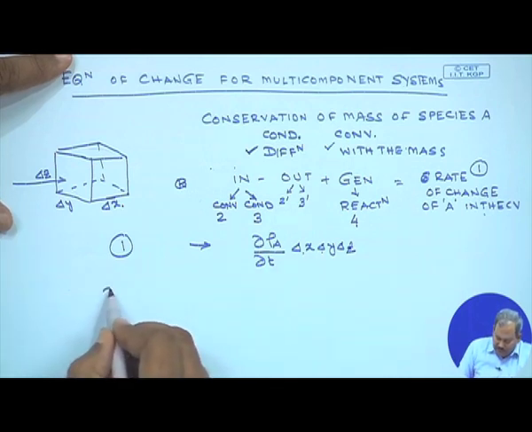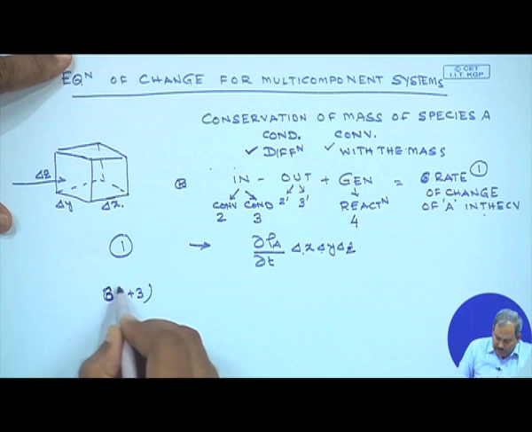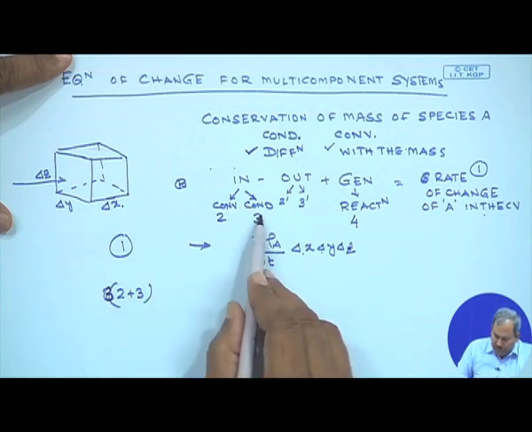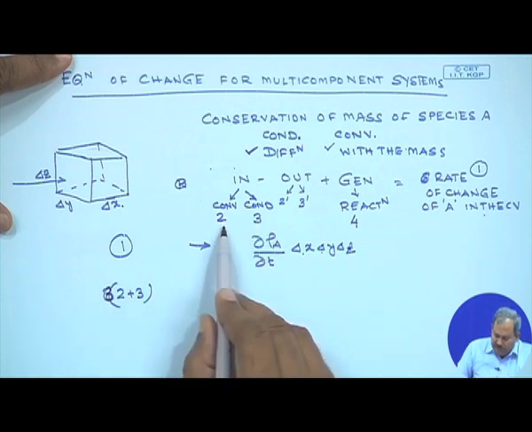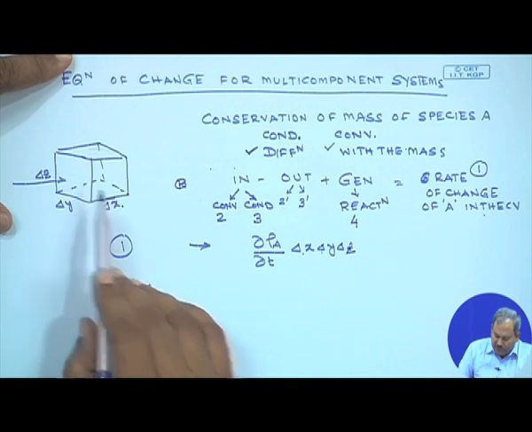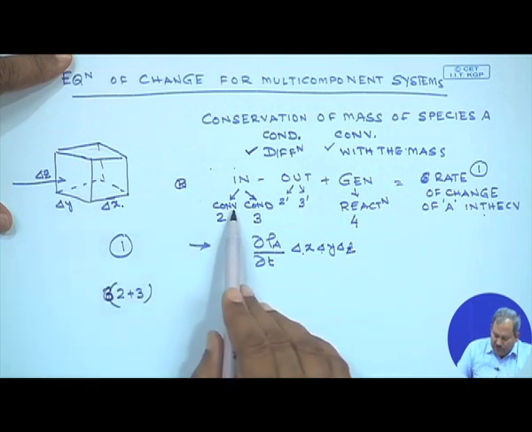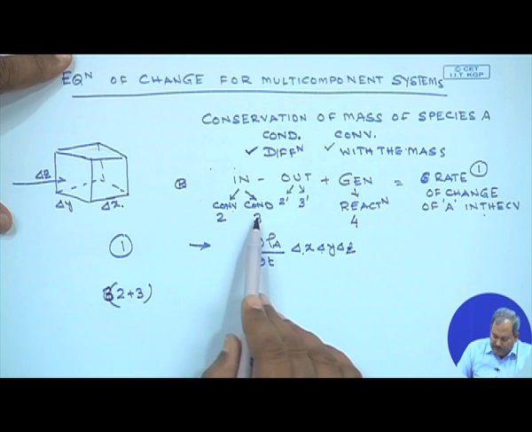And let us write 2 plus 3 together, that means the rate at which species is being added to the control volume. I am not differentiating between convection and conduction right at this moment.